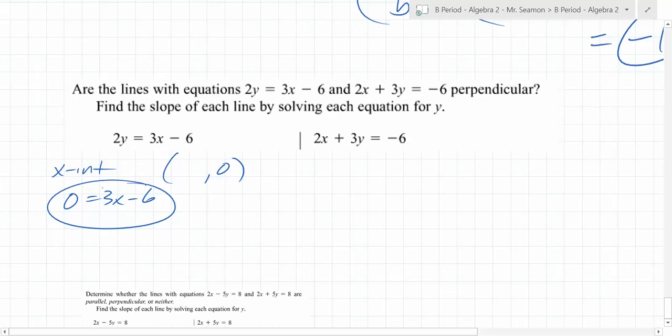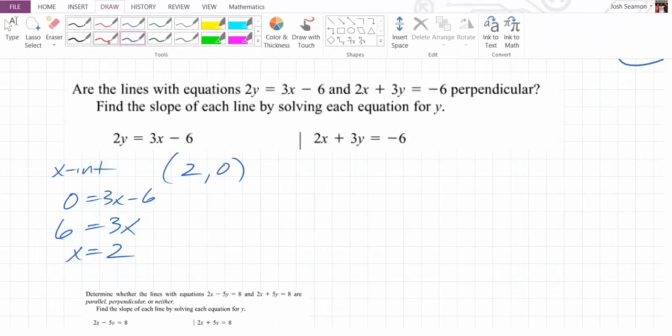What value do you plug in for x to make 3x minus 6 equal to 0? No. What do you add to both sides, Nate? 6. 6 equals 3x, so x is equal to? 2. Yep. That's your x-intercept.